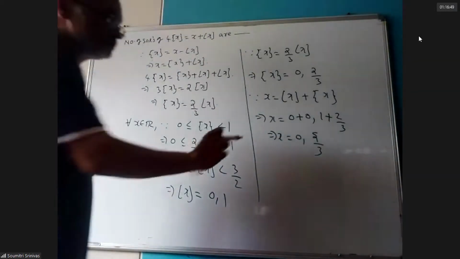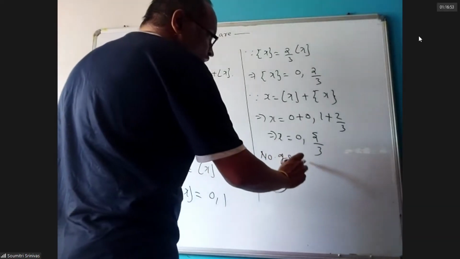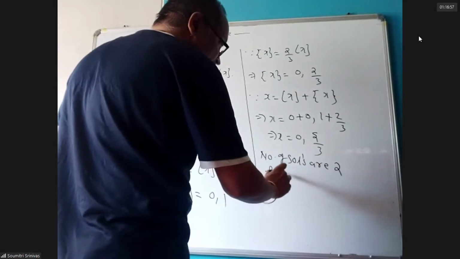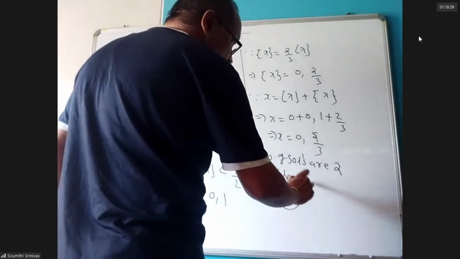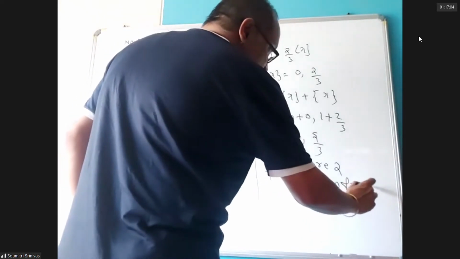So how many solutions you have? Number of solutions are 2, and they are x is equal to 0 and x is equal to 1 plus 2 by 3.